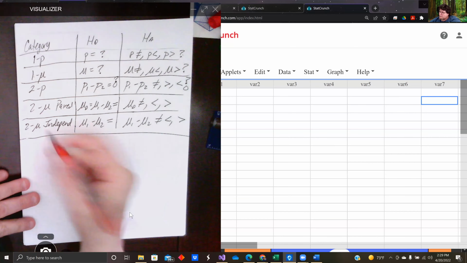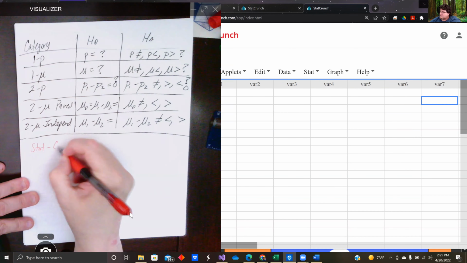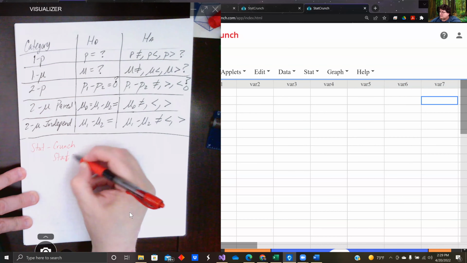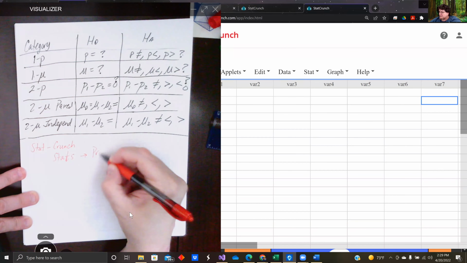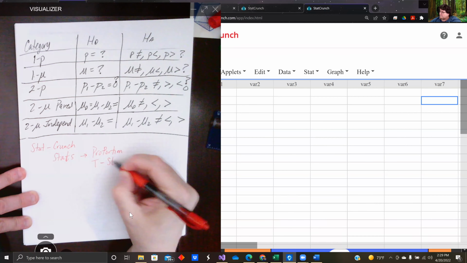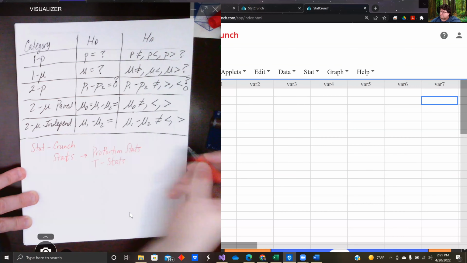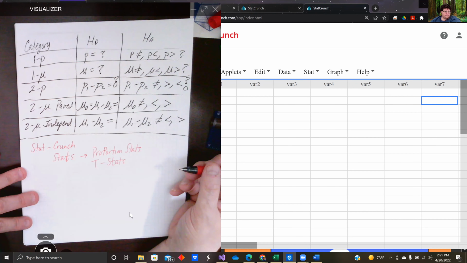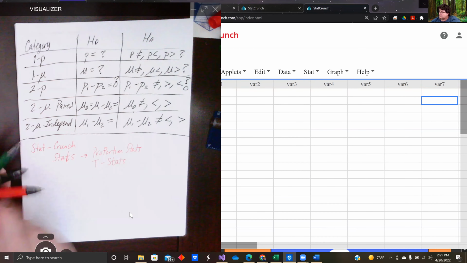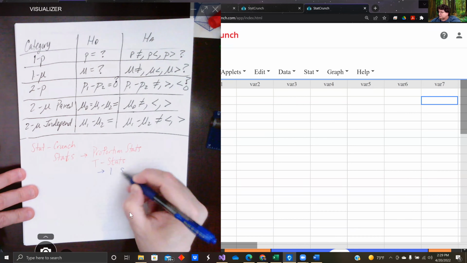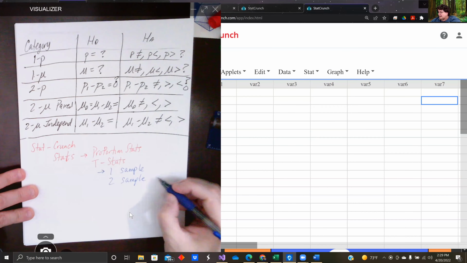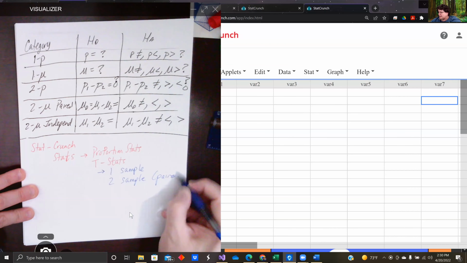The StatCrunch commands that went with it. We always went to Stats. Then you have the option to choose proportion stats or T stats. And from that level, you got to choose one sample or two samples. And also paired just for the mean only.